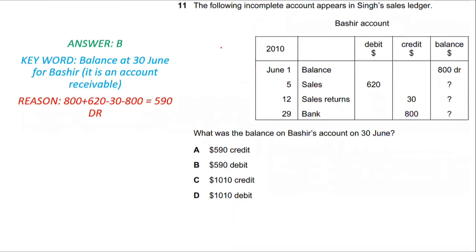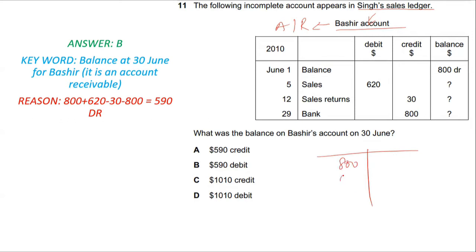Multiple choice 11. The following incomplete account appears in Singh's sales ledger. So this is Bashir's account in Singh's sales ledger. Bashir is basically accounts or trade receivable for Singh. What was the balance on Bashir's account on 30th June? Since it is an accounts receivable, we would just draw a T account here. It had an opening balance of $800.